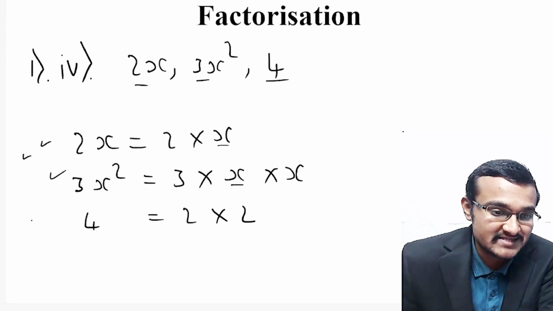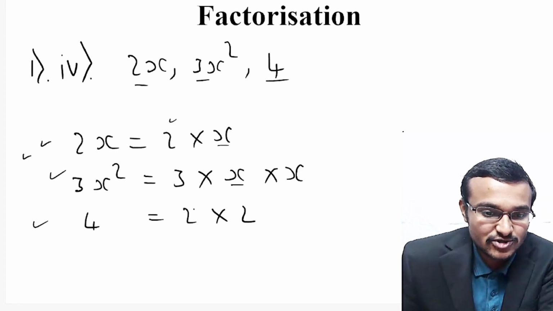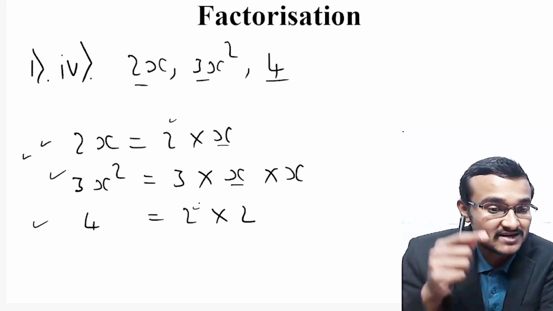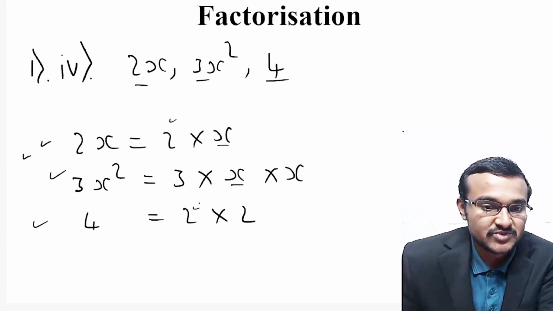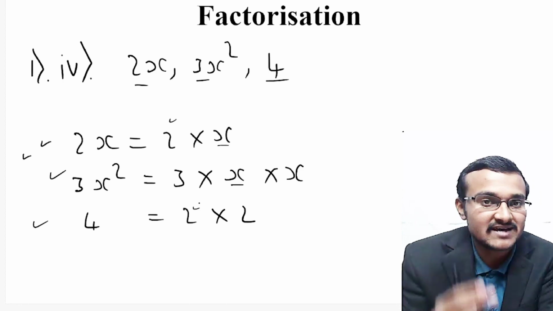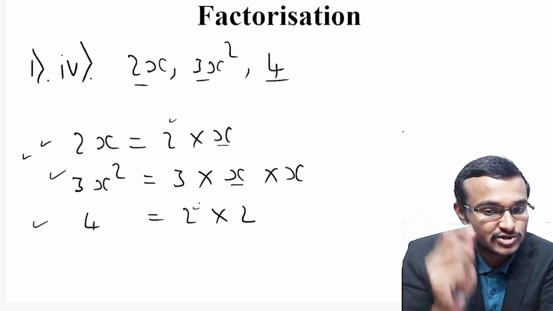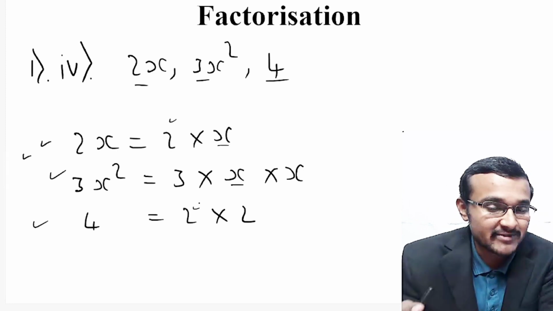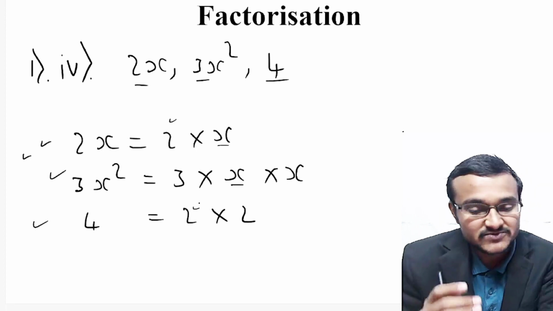When you compare 2x and 4, here 2 is there, here also 2 is there. But you cannot take 2 as common factor because 3x square doesn't contain 2. So you should take that factor where all these 3 terms have it in common. So here 2x, 3x, x, 2, 2 are all not common factors of all these 3 terms which they have given.